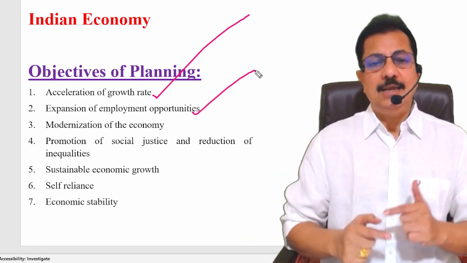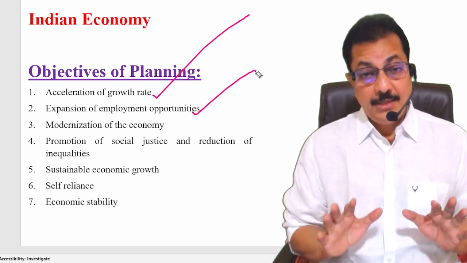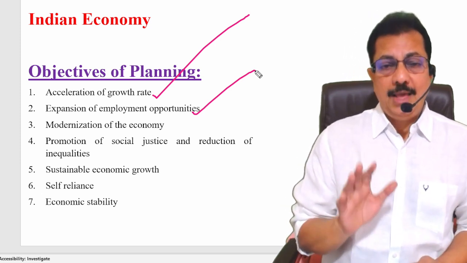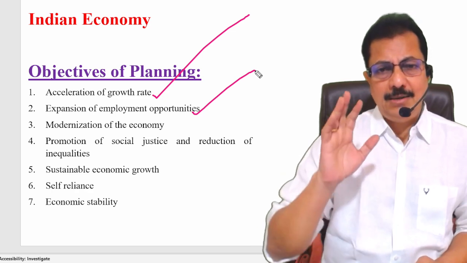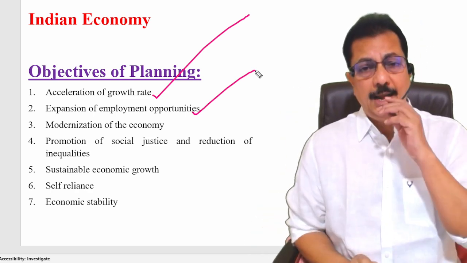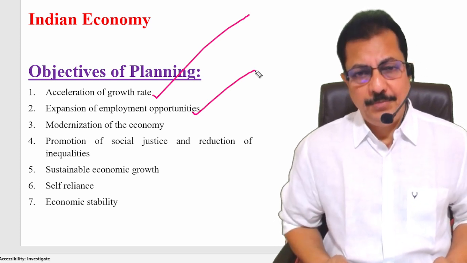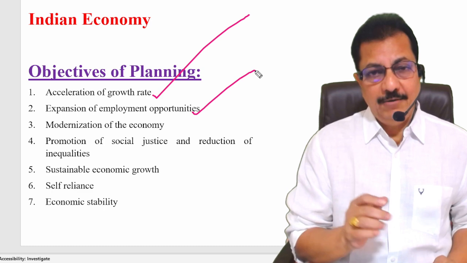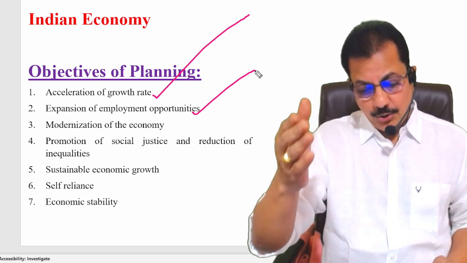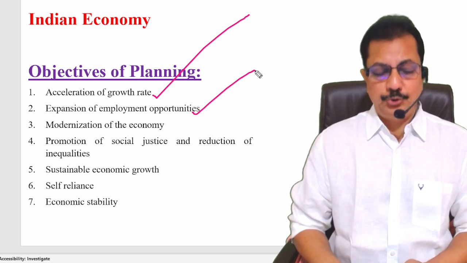This is the cycle that happens in a healthy economy. That is the reason why you should have plenty of employment opportunities in a country. And India adopted the objective of full employment for the people, and that will be helpful for economic growth. That is nothing but expansion of employment opportunities.